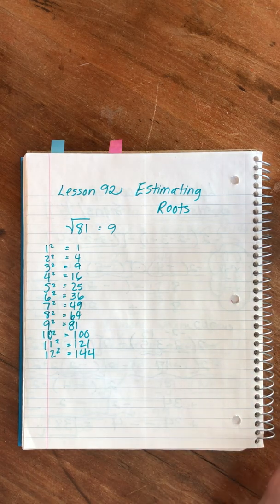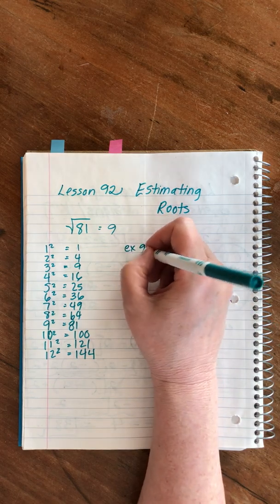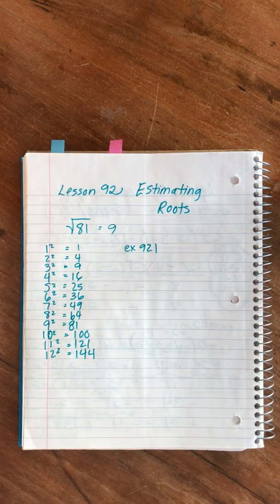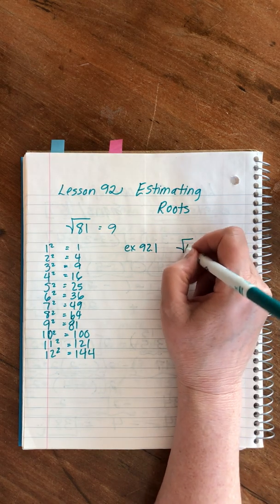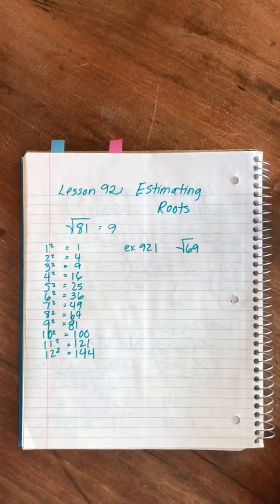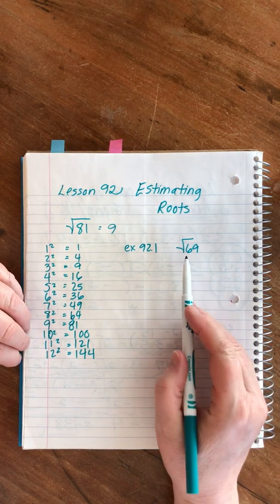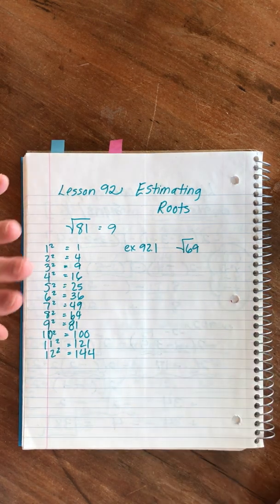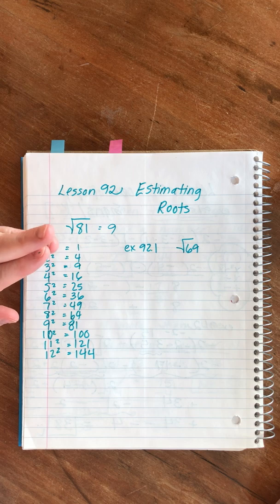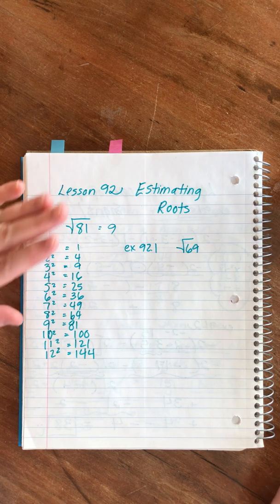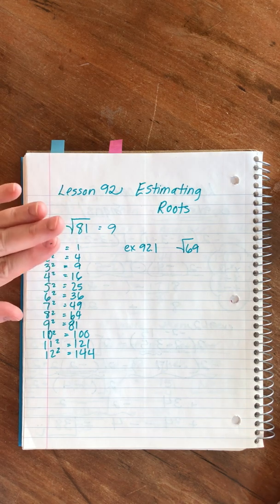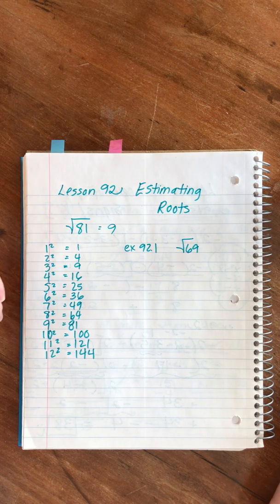So here's the first example. Between which two consecutive integers is the square root of 69? What they're saying is, the square root of 69 is not a nice counting number. It's a kooky number with decimals. We don't want the kooky number with decimals. We just want to know roughly where it's going to be.